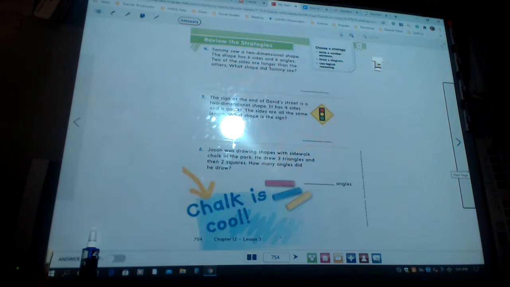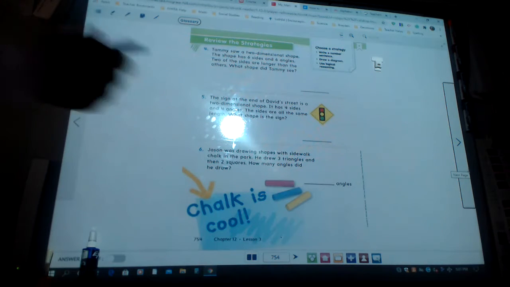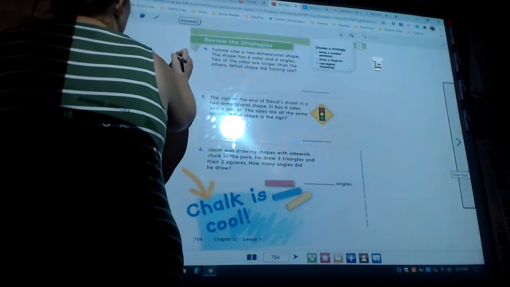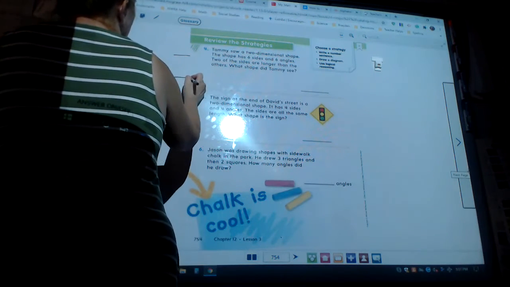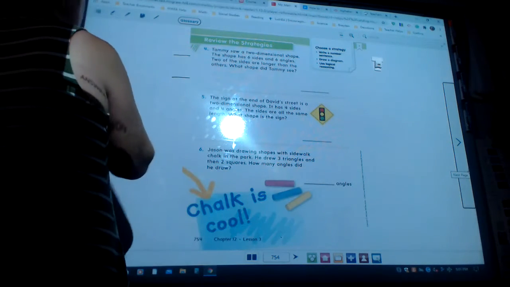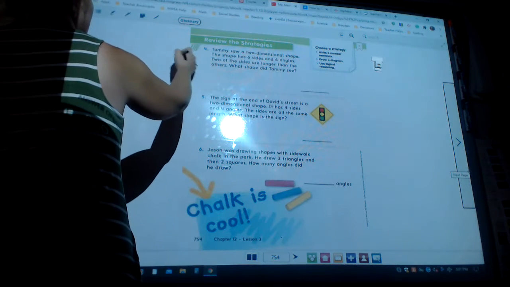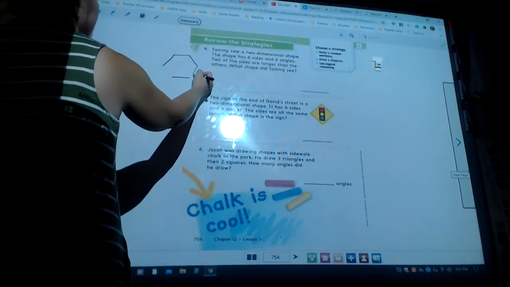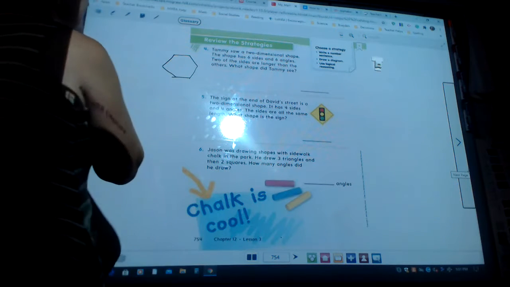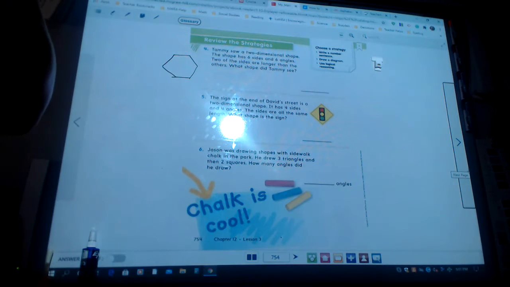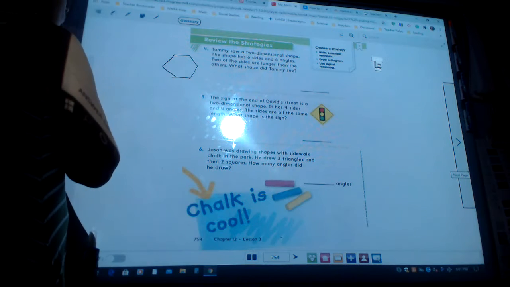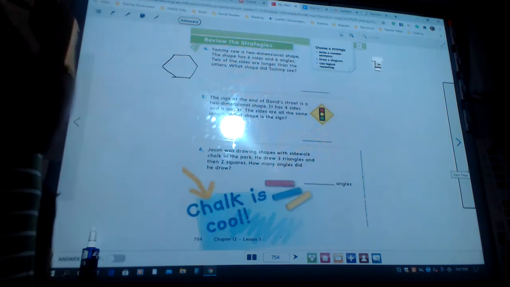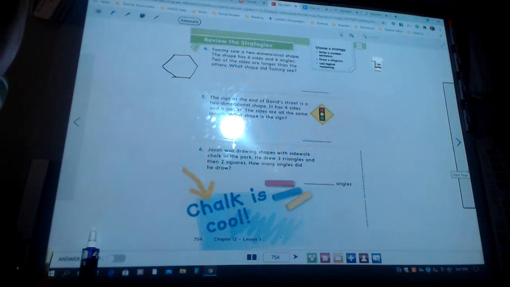All right. 6 sides and 6 angles. There's 2 sides. There's 4 sides. And that would be 6 sides. Okay. Do we have some sides that might be a little bit longer than the others?